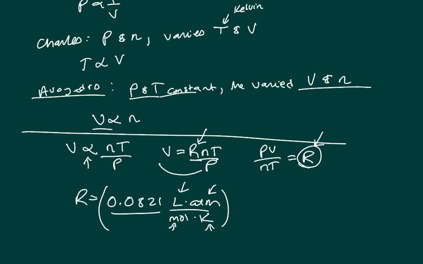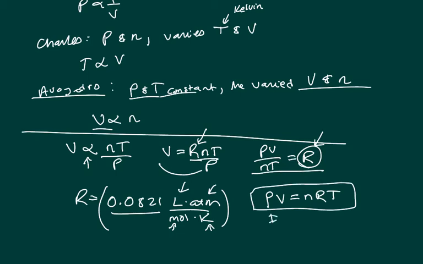So if you want to use this R, you have to convert all your variables to these associated units. And so if we rearrange this algebraically, you can memorize the ideal gas law as PV equals nRT. Okay? So this is how you want to memorize the ideal gas law.